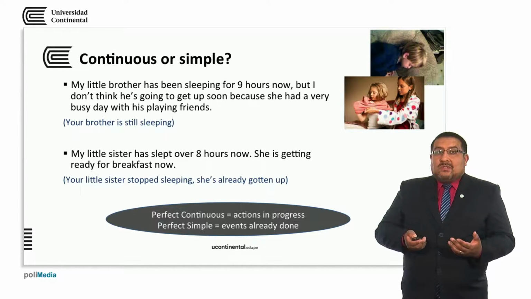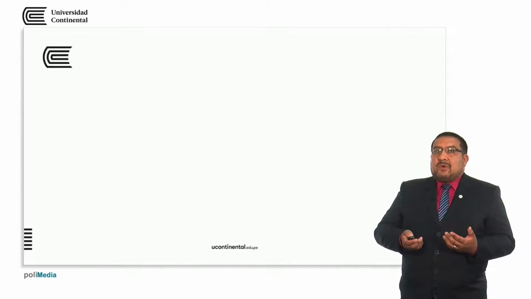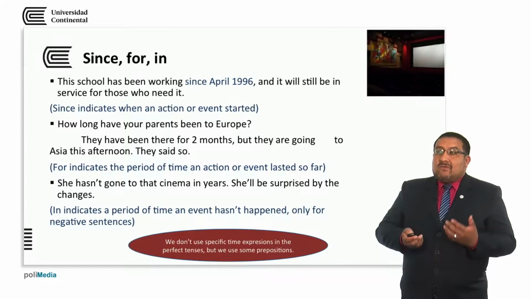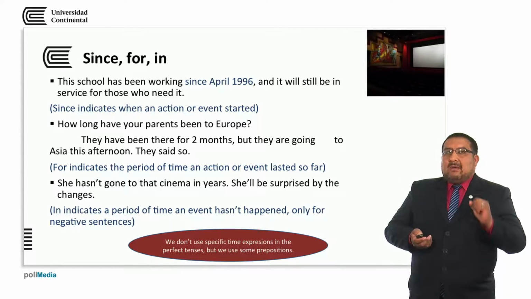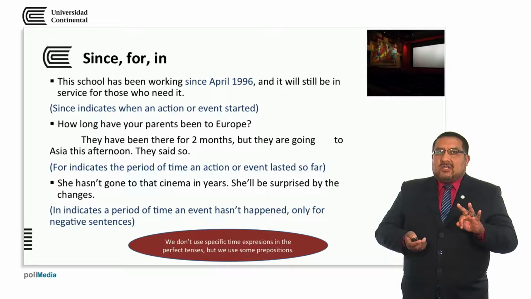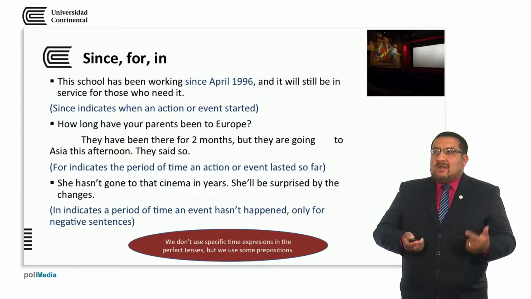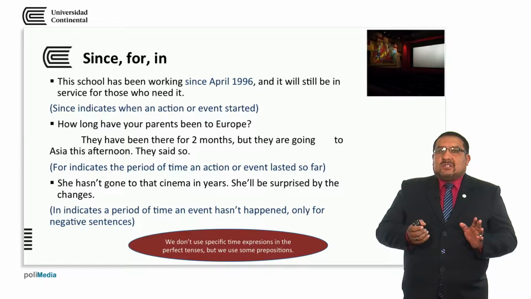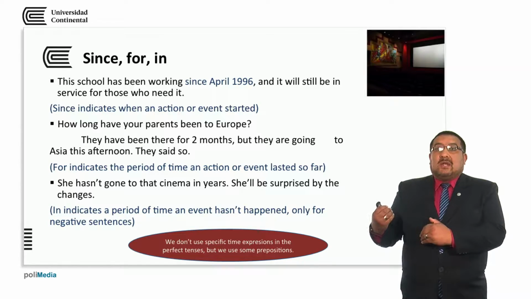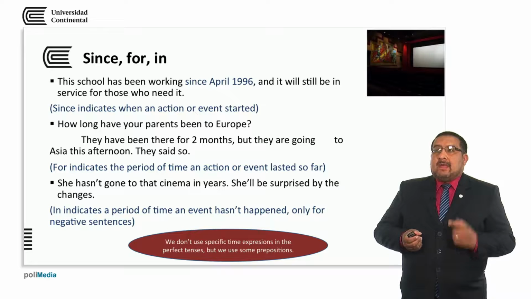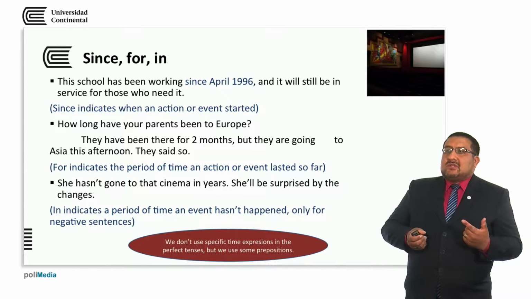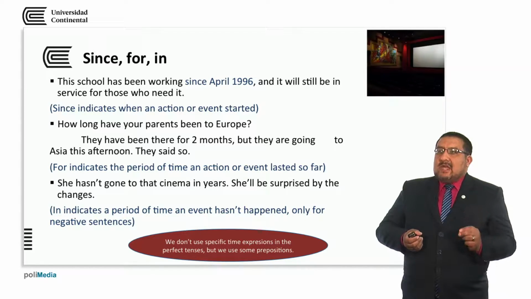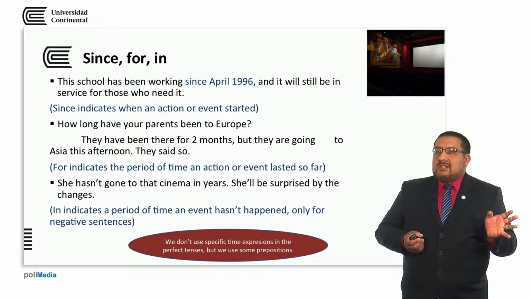Now, together with this, we have some expressions that we can use for the present perfect. We have 3 prepositions that we can use: since, for, and in. We use these as we are not using a specific time expression. The first example, you say, this school has been working since April 1996. And it will still be in service for those who need it.